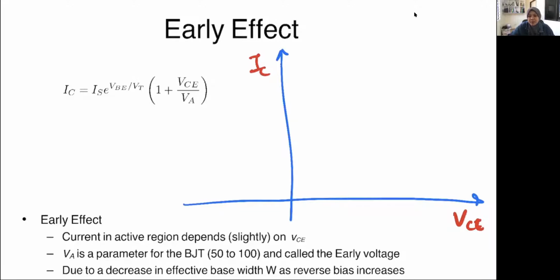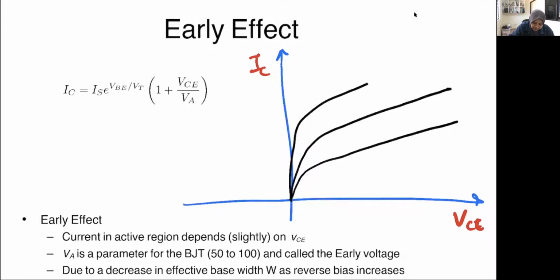It's not ideal as well. There are many things happening. So when we measure and plot this IC versus VCE for a BJT, it will look like this. The current IC versus VCE has a slope to it.